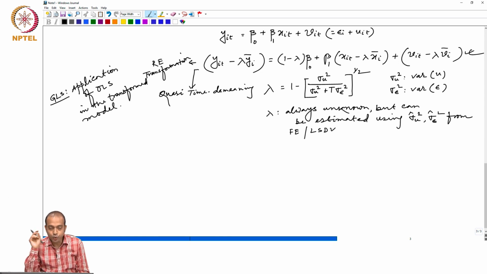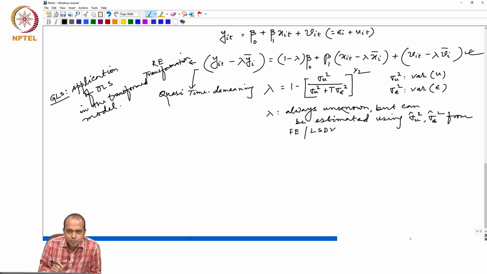That is how, when the unobserved effect is uncorrelated with the explanatory variable, instead of using pooled OLS or the fixed effect transformation, we use the lambda transformation. That means a lambda fraction of yi bar and xi bar is removed from yit and xit.